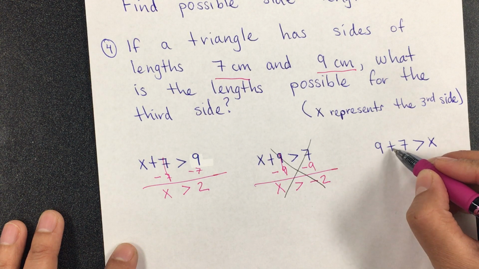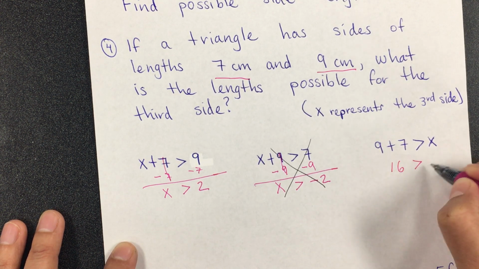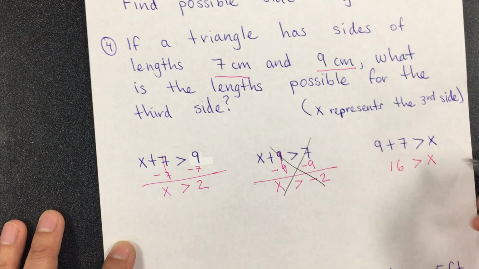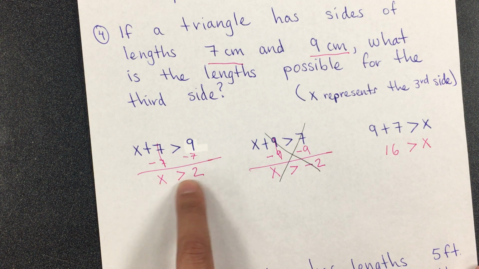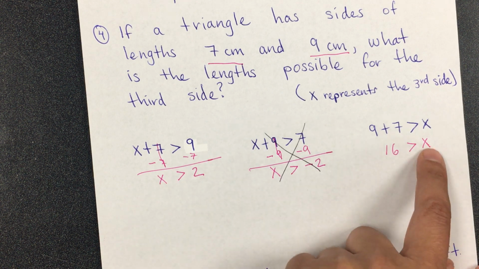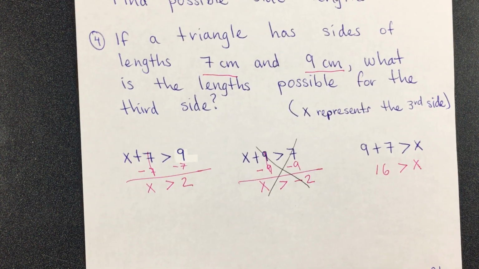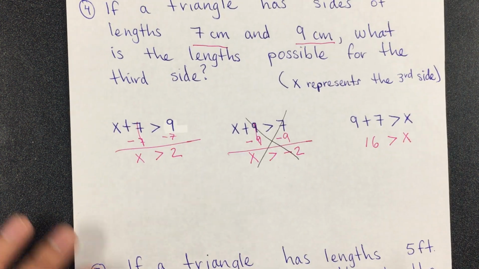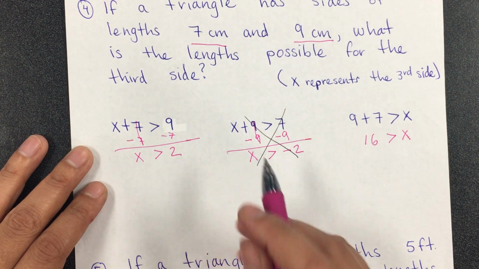Finally, we have 9 plus 7. Well, 9 plus 7 is 16, which is greater than x. So it means that the possible third side is going to be greater than 2, and x is less than 16. I can write it in a different form, and this is very easy.